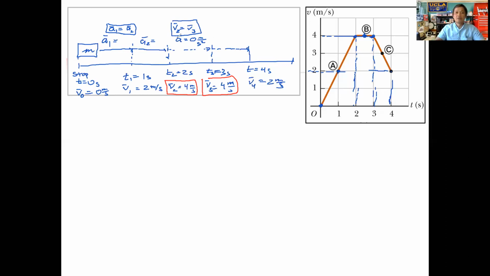In the first 2 seconds, the acceleration is constant. In the second and third second, the velocities are the same because the acceleration is 0.